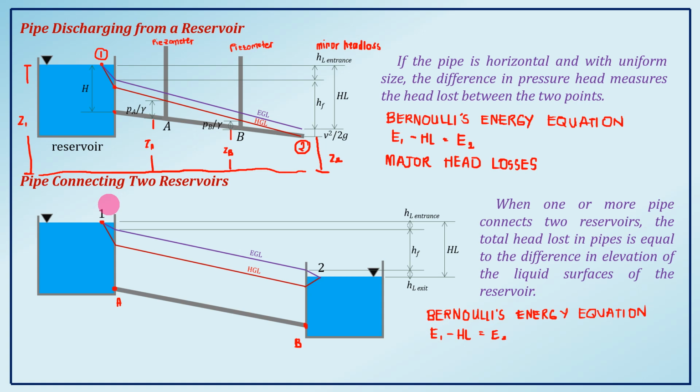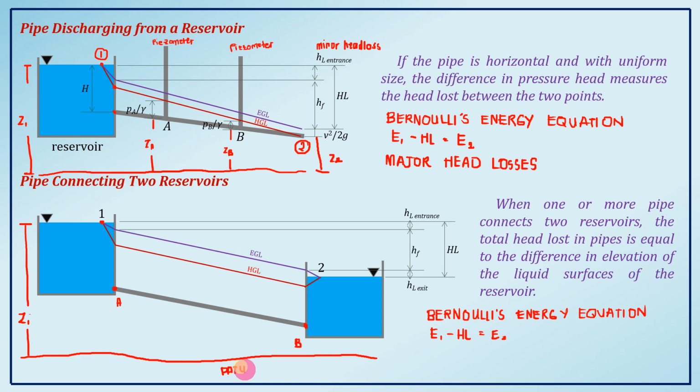So, what do we consider? We consider the elevation of this surface. We call that Z1, right? For example, this is our datum, the lowest point. So, this is our certain datum.